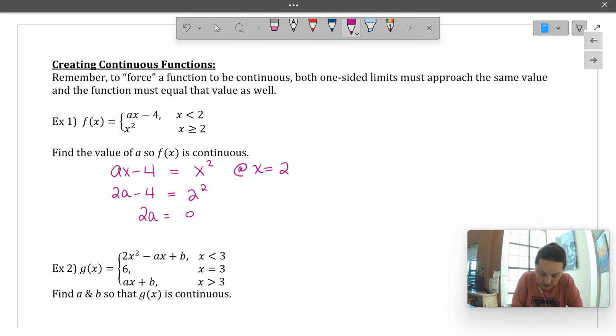Add 4 to both sides, so 2a equals 8. Divide both sides by 2. For a equals 4, this is continuous. That's it.